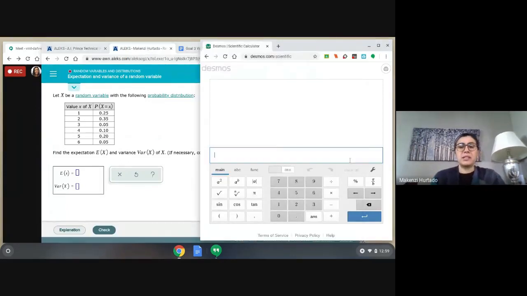So for our expectation, when you are doing this, I recommend you do it with parentheses. It will help us to type less when we're doing the variance formula.